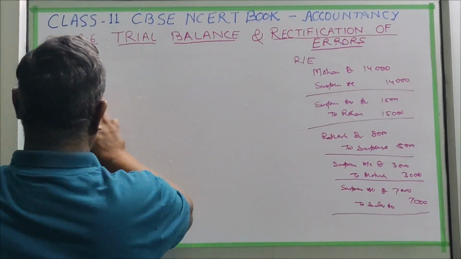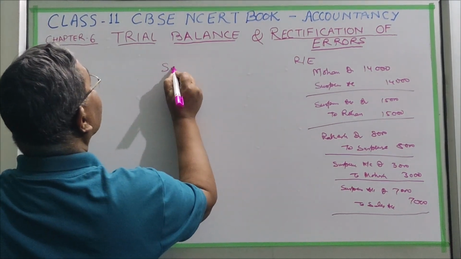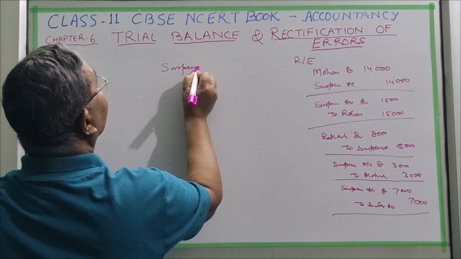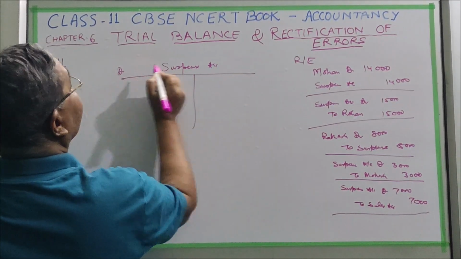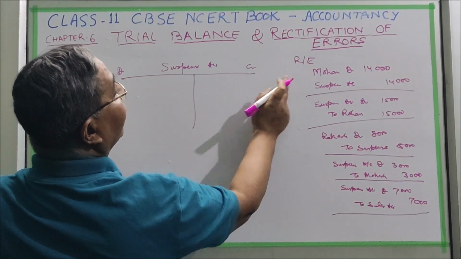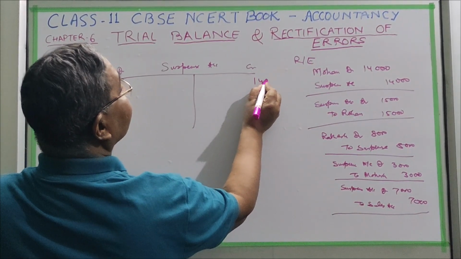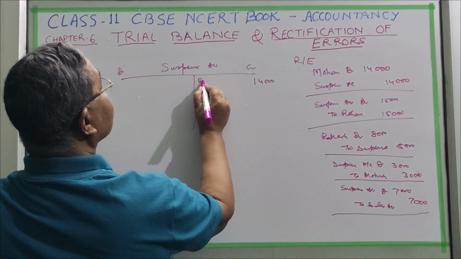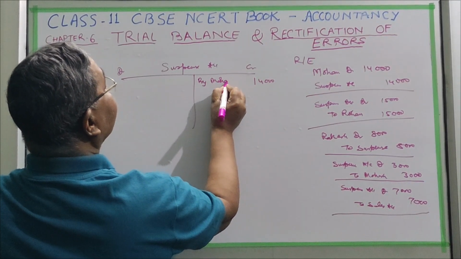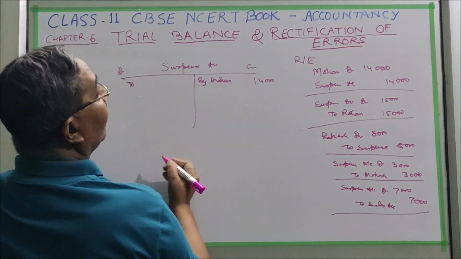So from these journal entries, we will make a ledger of suspense account. Suspense account. This is the debit side and this is the credit side. Here all entries come by, here all entries come to.